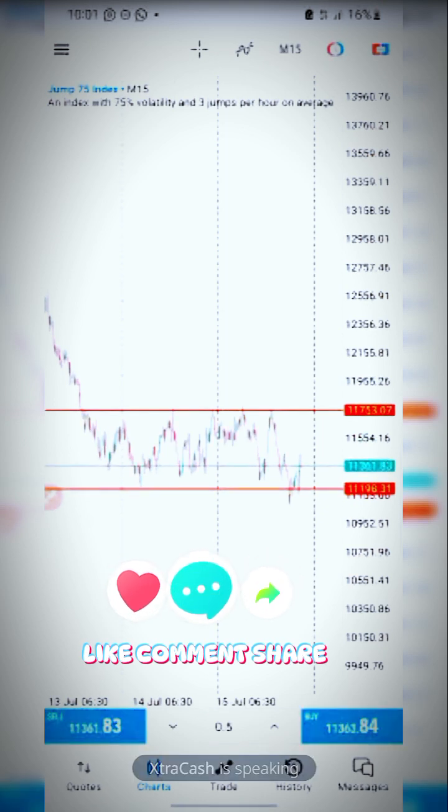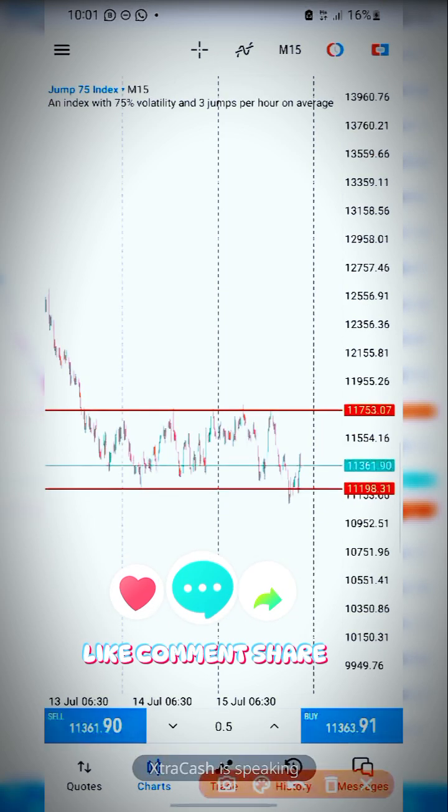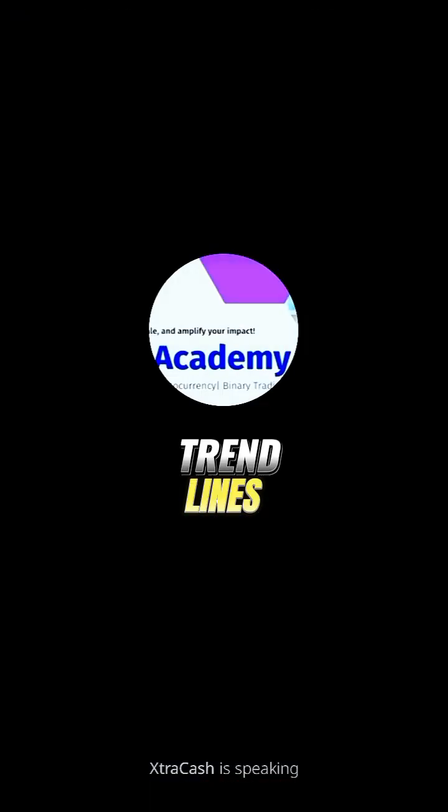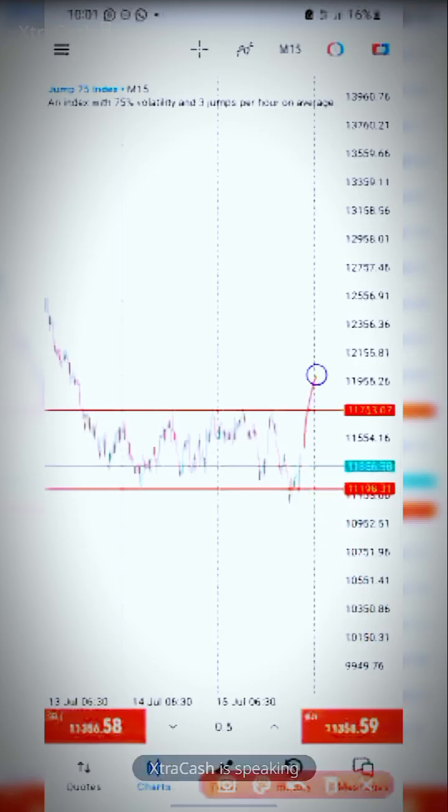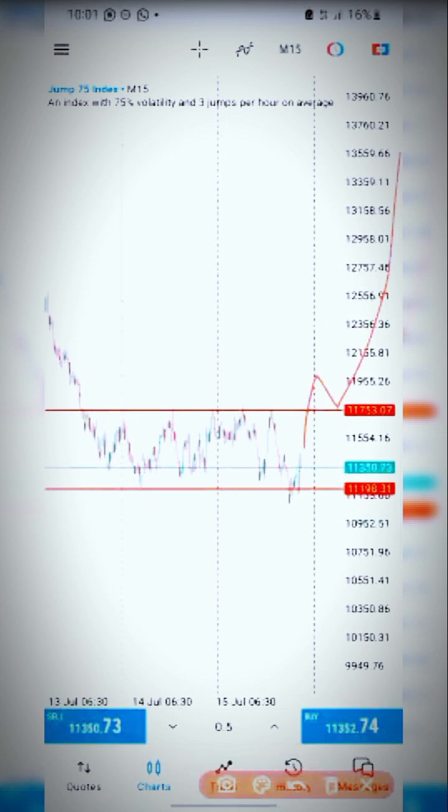So a breakout has to happen, retest and a sell, or a breakout up, retest and a buy. So you can pay attention to this 75 as well. This is what is likely going to happen.